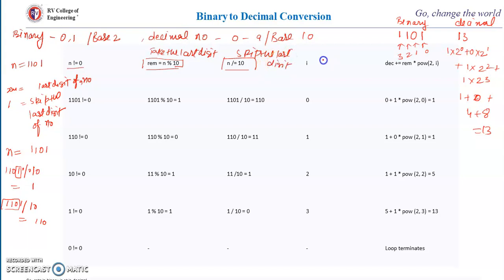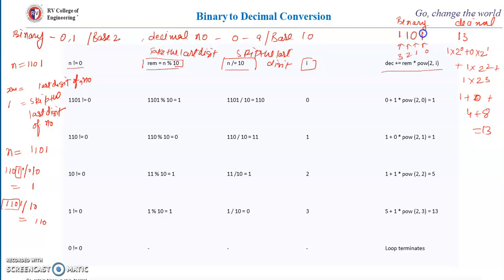Then this i is the loop variable, and this is the actual binary to decimal conversion operation. You can see in this example I have explained: the last digit 1 into 2 to the power 0, then 0 into 2 to the power 1, then 1 into 2 to the power 2, 1 into 2 to the power 3.